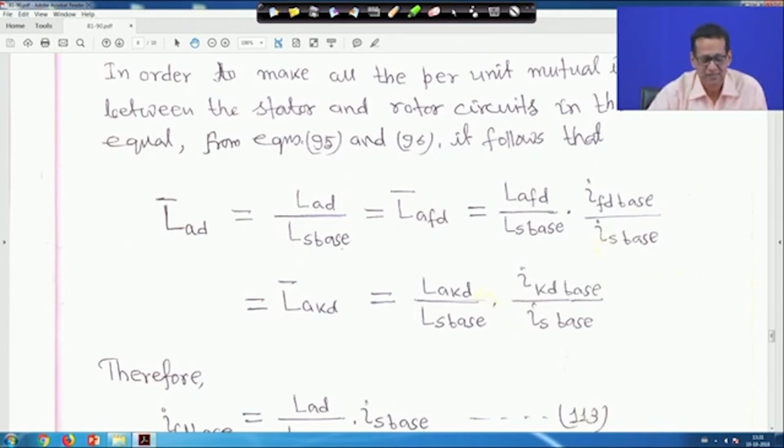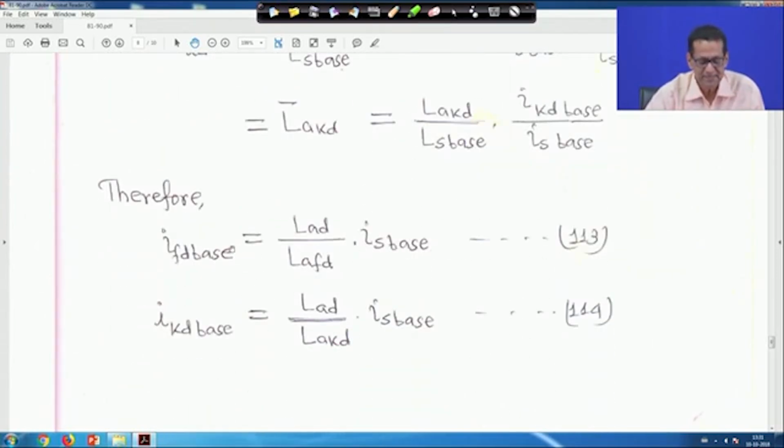Therefore, LAD upon LS base is equal to LFD bar, that is LFD upon LS base into IFD base upon IS base, which is also equal to LAKD bar, that is LAKD upon LS base into IKD base upon IS base. Similarly, IFD base will be LAD upon LFD into IS base, and IKD base will be LAD upon LAKD into IS base.